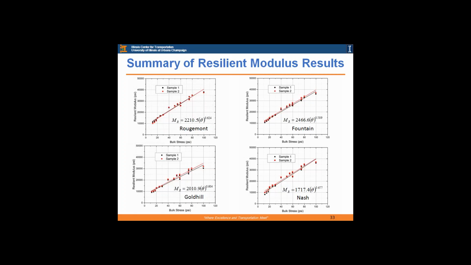And if you pay close attention, you will see that 3 of the 4 materials had very close resilient modulus trends, except for Goldhill, which had lower resilient modulus on the different stress states. But if you remember the permanent deformation curves that I was showing, they had actually different permanent deformation accumulation, which actually proves that PD and resilient modulus do not necessarily correlate very well with each other.